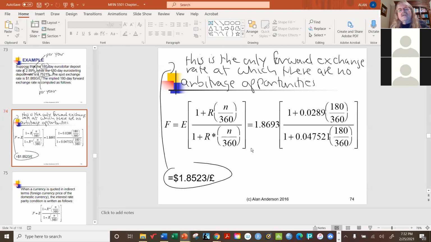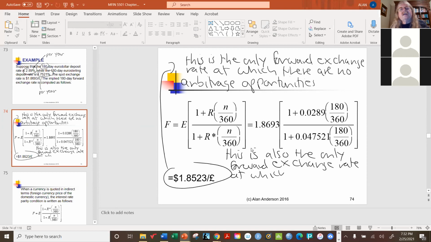It's also the only forward exchange rate at which investing in either currency provides the same rate of return.